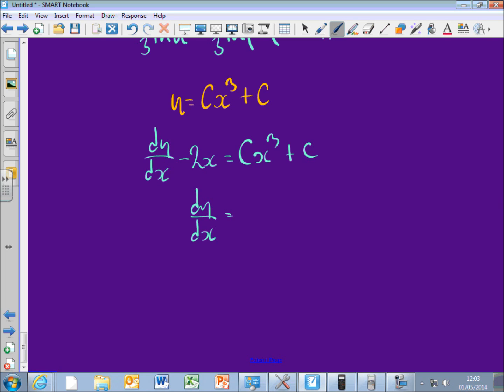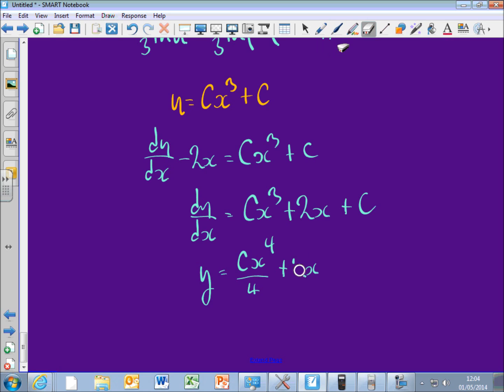So dy/dx equals c x cubed plus 2x plus c, and I integrate this, so y equals c x to the 4 over 4 plus 2x squared over 2, so that's just x squared, plus cx plus another constant d. Is that right? Yeah, okay, that's it.